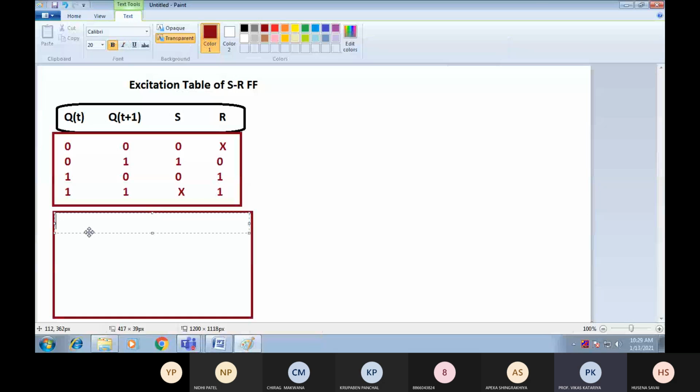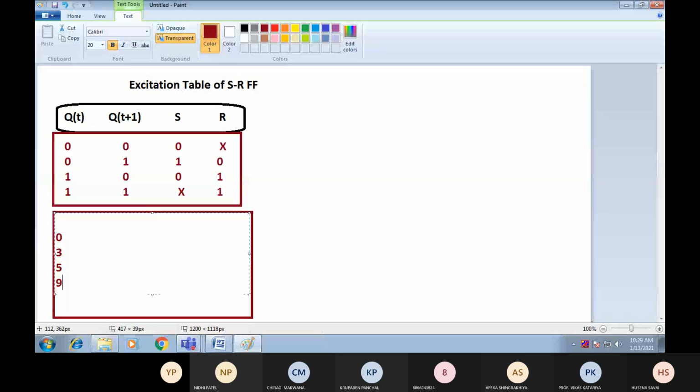So in the decimal, we have given 0, 3, 5, 9, 10. We have to use the SR flip-flop.